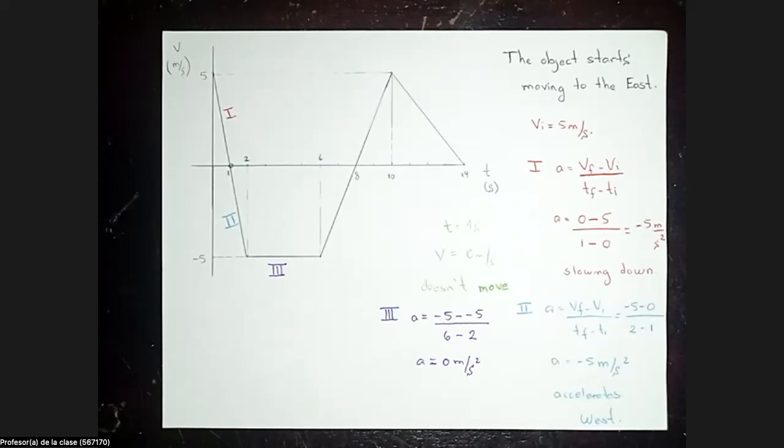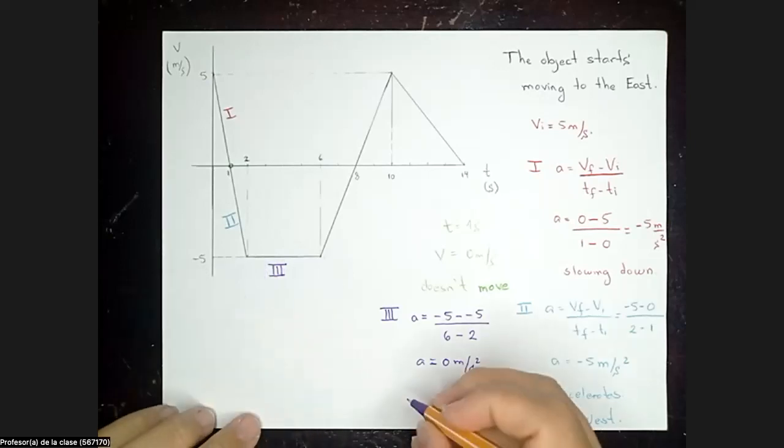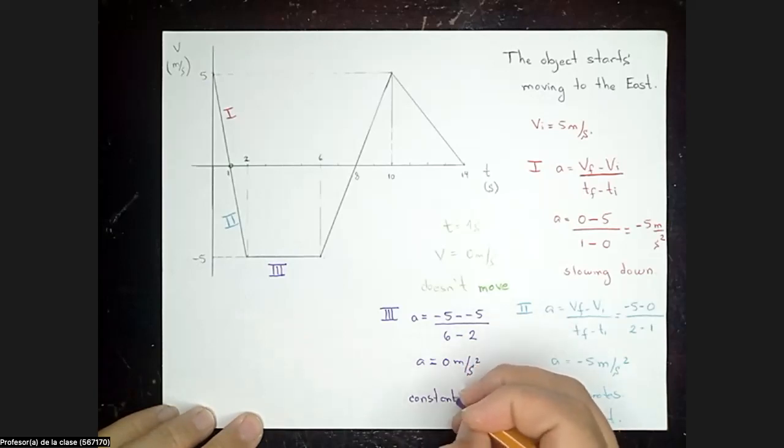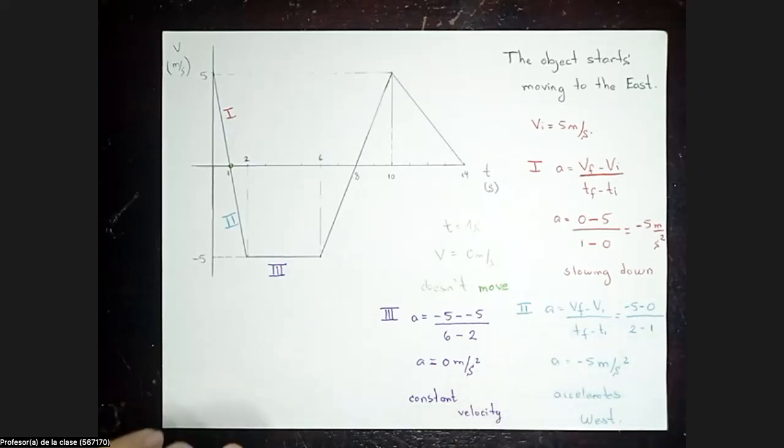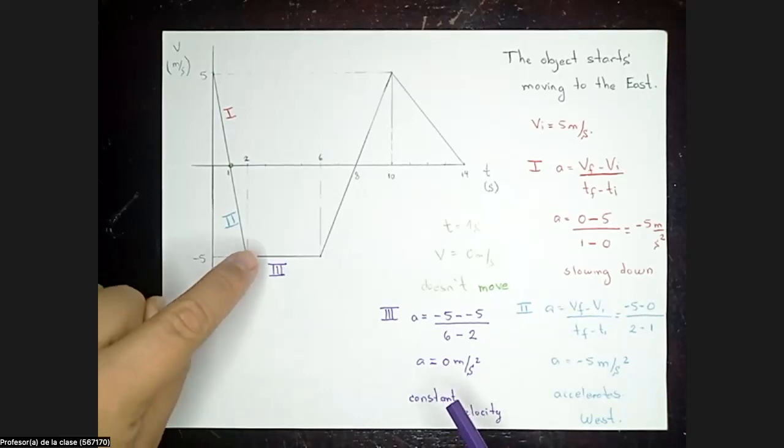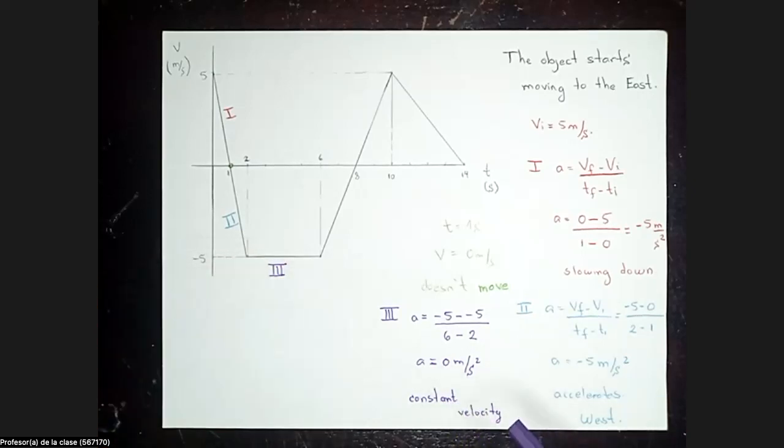The object is moving with a constant velocity of 5 meters per second. It's moving at constant velocity in the west direction.